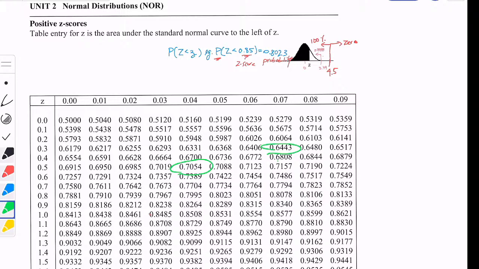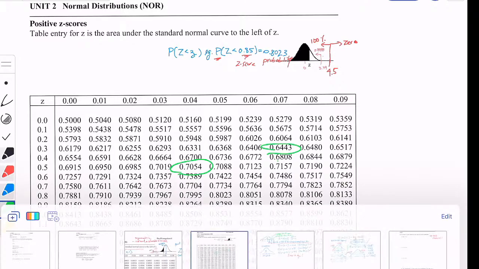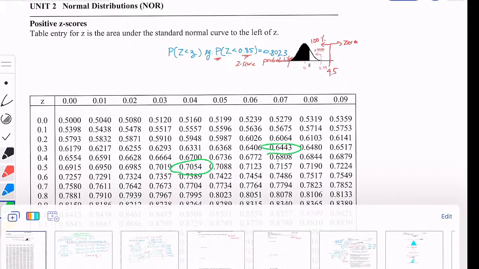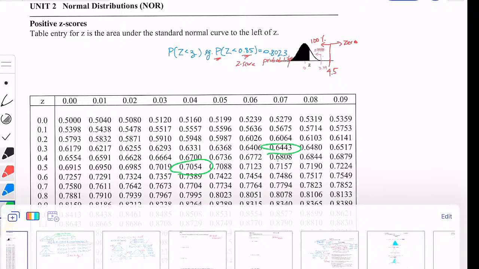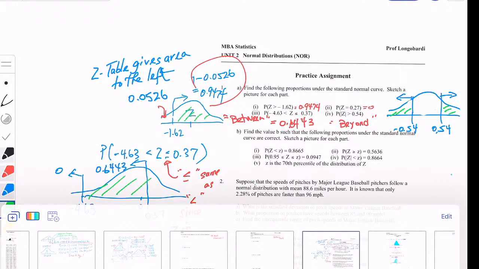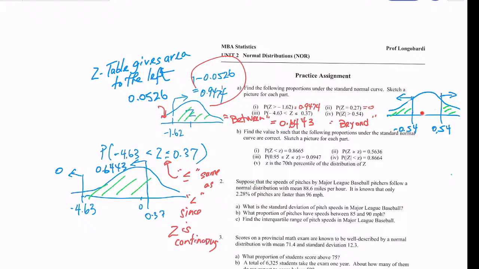What is that going to give me? That's not the right answer, right? That's going to give me the area to the left of the positive version. I actually want the area in the tail, so how do I get that? I should go to the negative side so I can get the tail probability, and then I know because of the symmetry it's identical on this side. So that's what I'm going to do.